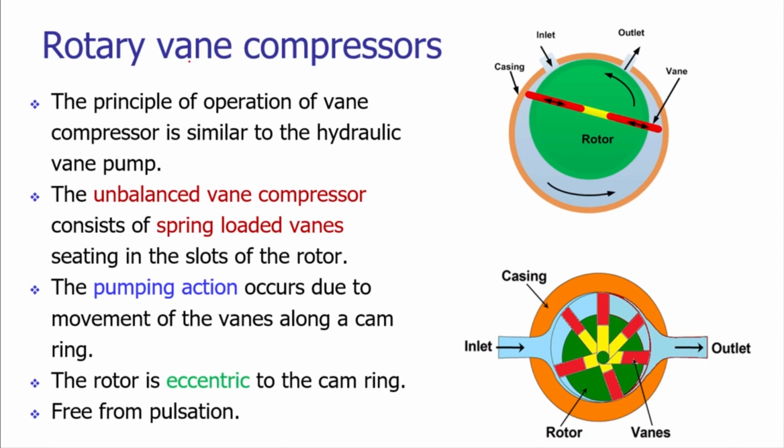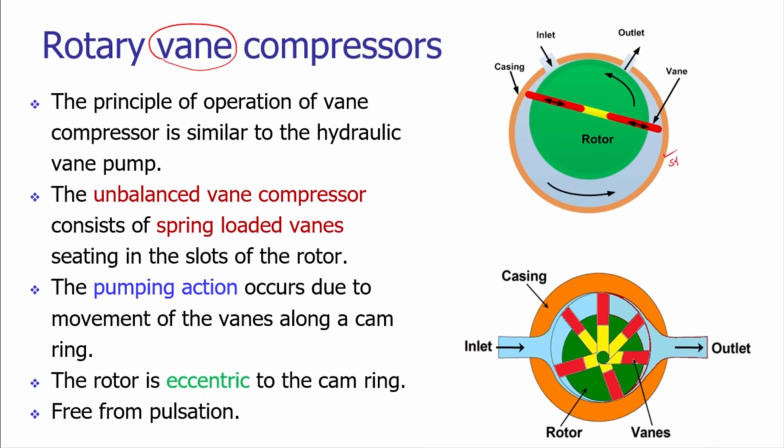We can utilize the vanes very similar to the vane pump which we have seen in the hydraulic pumps section. We can have slots in a rotor, and this rotor disc is eccentrically assembled with a stator container.